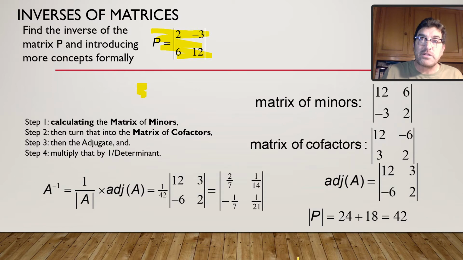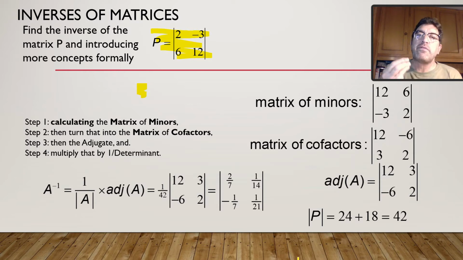Very important. Okay, so there was a few steps that we had to follow. We had to find the matrix of minors. From that, find the matrix of cofactors, which is literally just changing signs. Then the adjugate was the transpose of the matrix of cofactors.